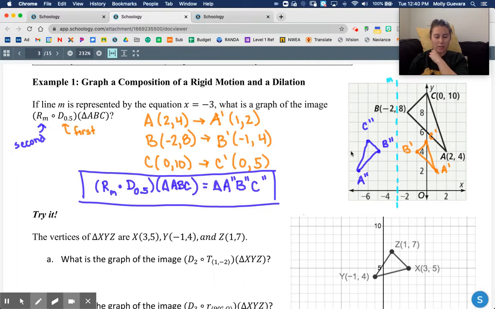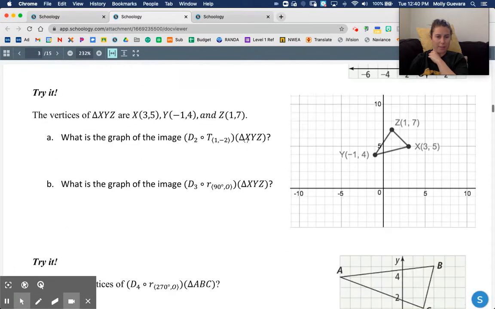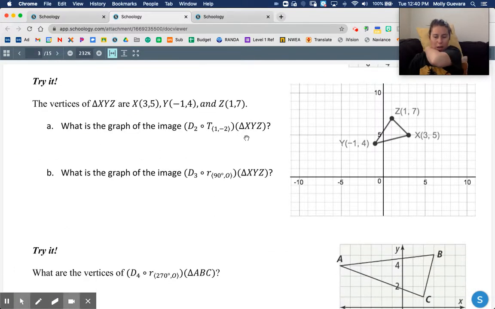Okay, next one is a try it. Let's scroll down. This one doesn't really fit on the graph, so do the best you can. But it says the vertices of XYZ are 3, 5, negative 1, 4, and 1, 7.